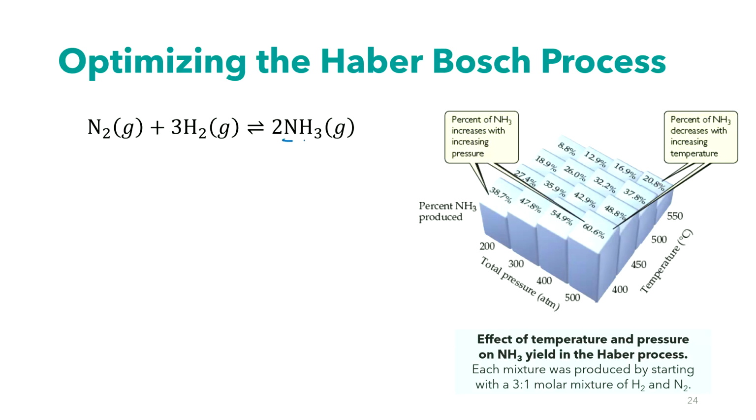Whereas NH3 is used as a fertilizer, and I did double check this, about 50% of the nitrogen atoms in all of our bodies have been through this industrial process. It is responsible for the growth of the human population. If we didn't have all of this NH3 that we made, we would never be able to grow the crops necessary to support our population. Haber and Bosch received a Nobel Prize for this.